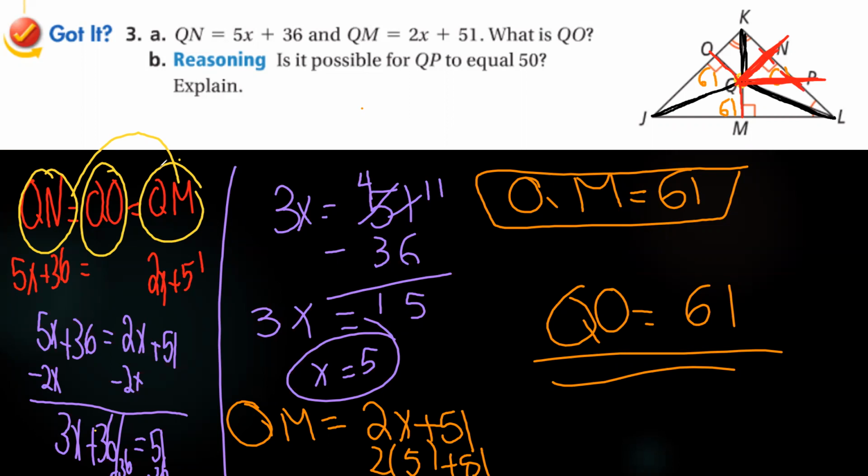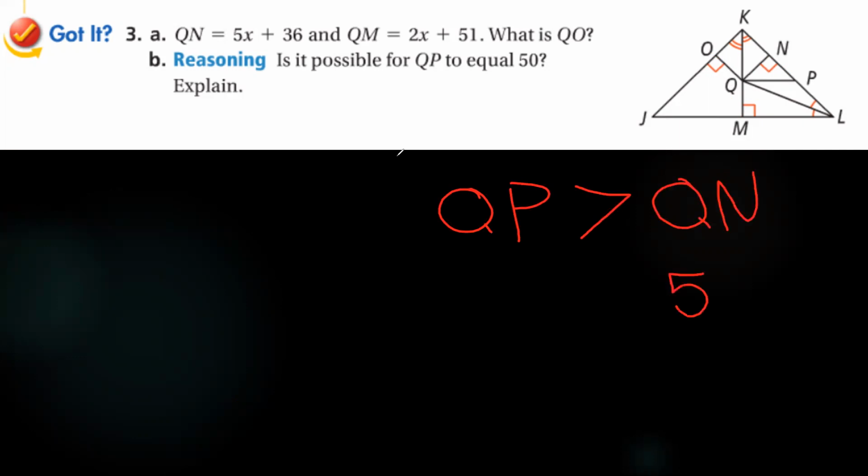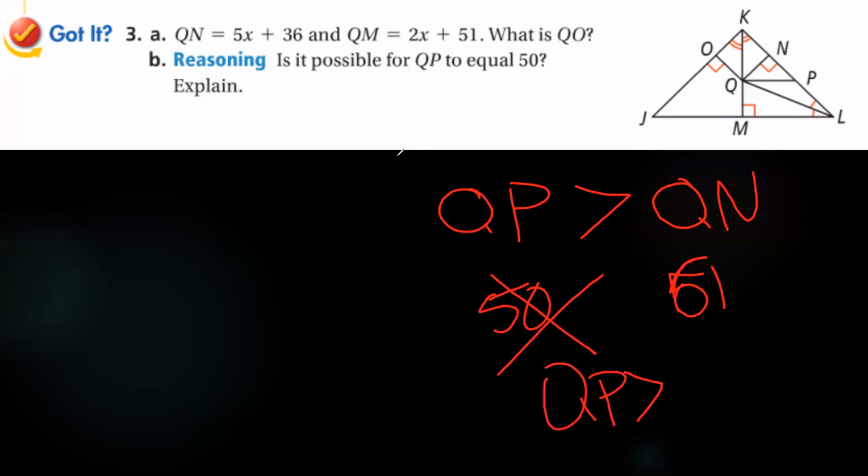If you try to estimate the distance, you will find that QP is longer than QN. If QN is 61, how could QP be 50? It cannot be. It must be greater than 61.